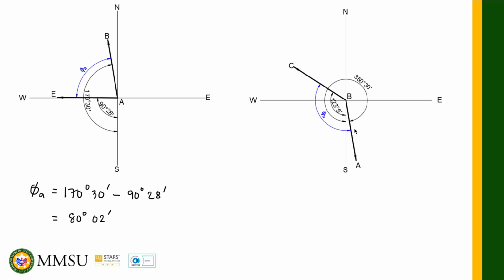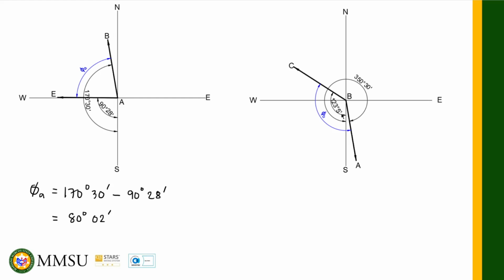Next, for station B, this is the azimuth of line AB, this is the azimuth of BC, right? We just need to subtract 360 degrees and 350 degrees 30 minutes, so we come up with this small angle here, and whatever the difference, we add to 123 degrees 5 minutes.